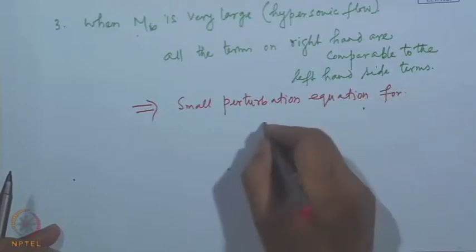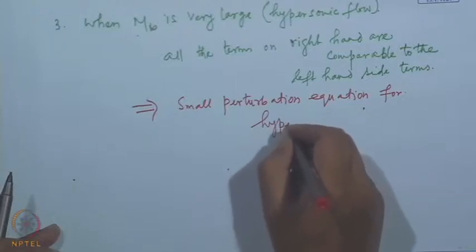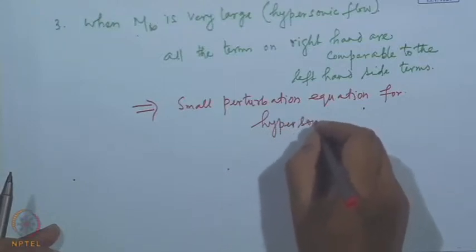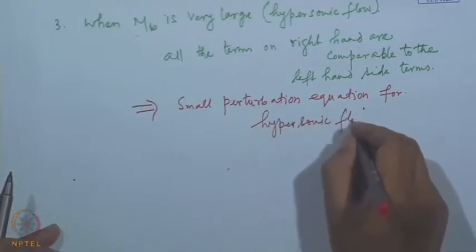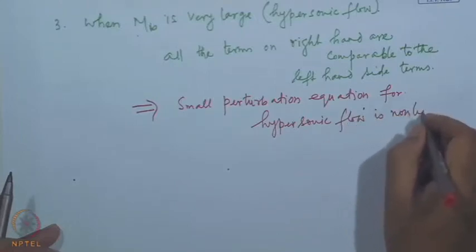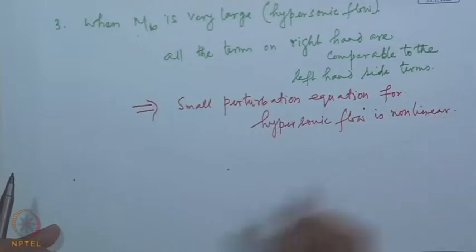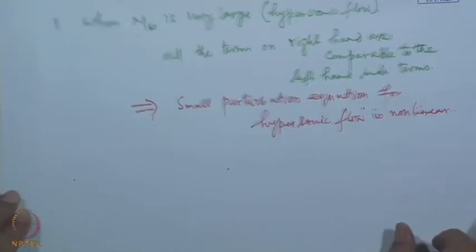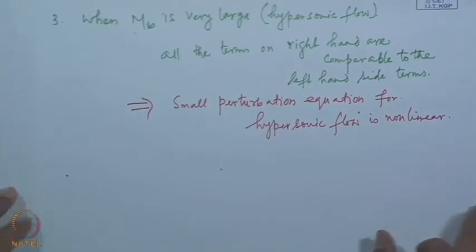The equation for hypersonic flow is nonlinear, and strongly nonlinear, and as the equation shows, the nonlinearity comes from different sources. Transonic flow is nonlinear, hypersonic flow is also nonlinear.